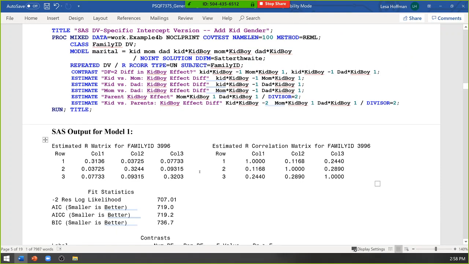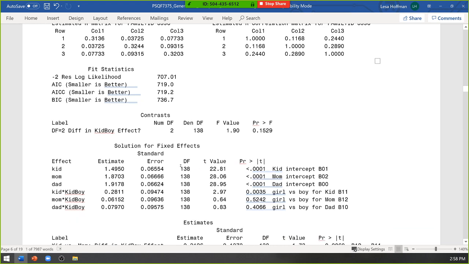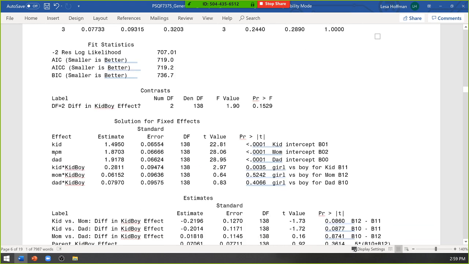That's okay, though. So here's what we got. Focusing just on the fixed effects. On the whole, is there an effect of gender in predicting the attitudes of my 3 people? On the whole, no. Let's see what the effect is for each person. So here are the reference points for my model, 1 for each outcome.